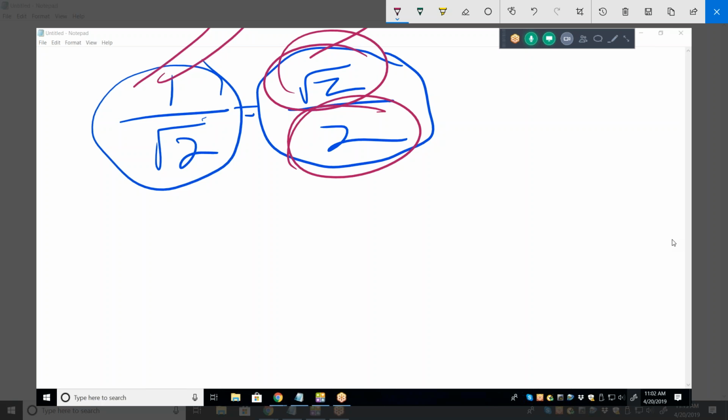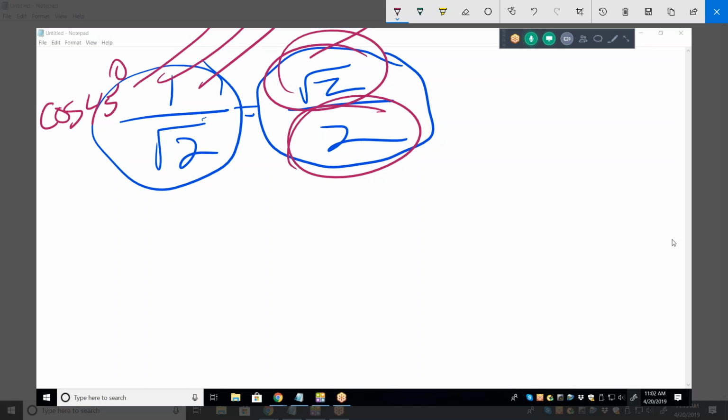However, because trig, your sine, cosine, and tangent are reciprocal to your cosecant, secant, and cotangent, you are frequently flipping these around. In other words, this was the cosine of 45 degrees.